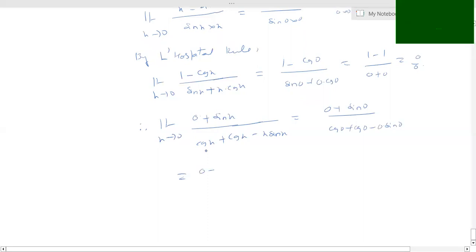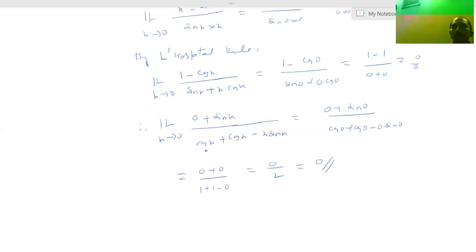Simplify: 0 plus 0 by 1 plus 1 minus 0, that means 0 by 2. 0 by a non-zero finite value is 0. Therefore, this limit value is 0.